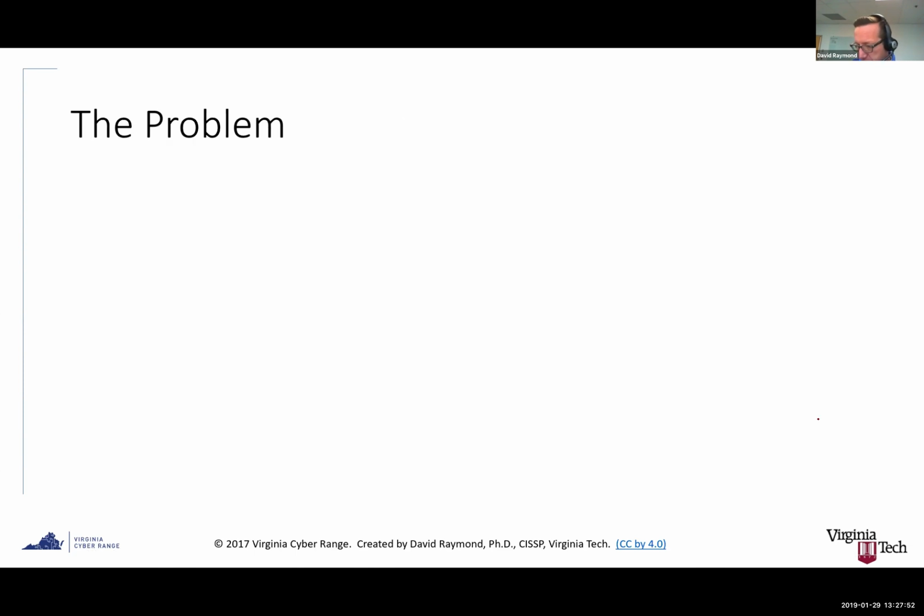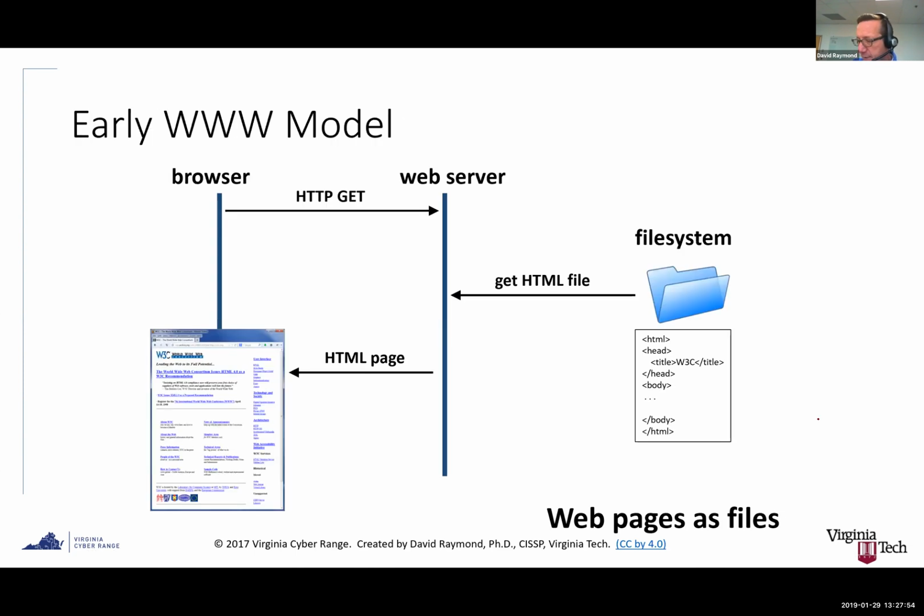Okay, so we'll frame the problem a little bit. For you history buffs, the World Wide Web was born in the early 1990s. Right around 1991 is when the first software was written, and it was created by a guy in Europe, Tim Berners-Lee.